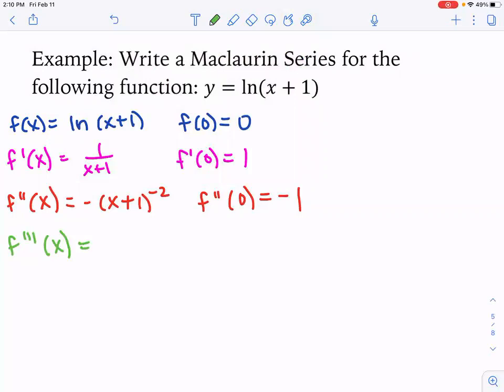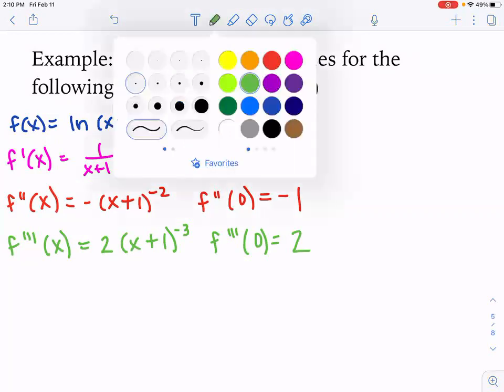Okay, third derivative would be positive 2 times x plus 1 to the negative third. What do we get when we plug in 0? No, it's 2. Yes.